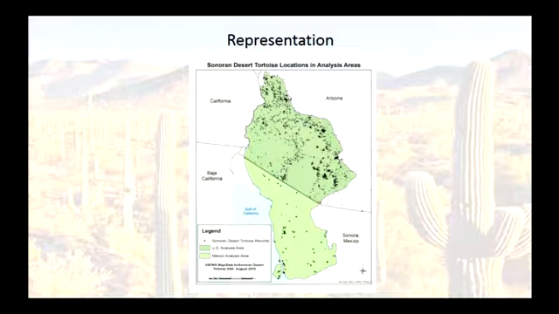But we decided to separate out Mexico from the U.S., because we figured that there would be, at the very least, management differences across that border. There's some indication in the next couple of years there may be a major barrier between Mexico that might serve as future genetic differentiation. Mainly it was that there's probably management differences.